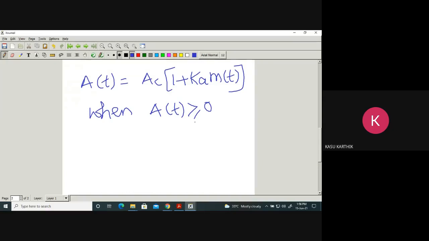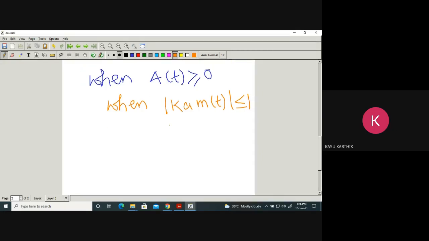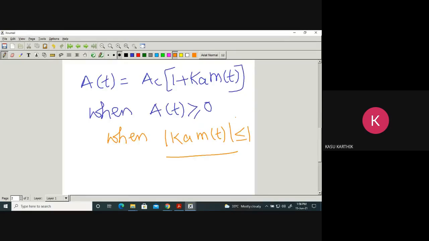When the mod of Ka m of t does not exceed 1, that is, Ka m of t should be less than or equal to 1. When this is true, this is positive, which means E of t is nothing but A of t, which is proportional to m of t.